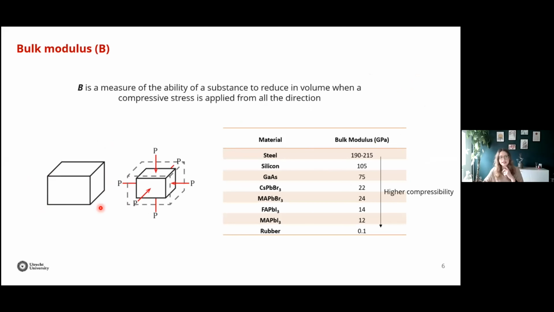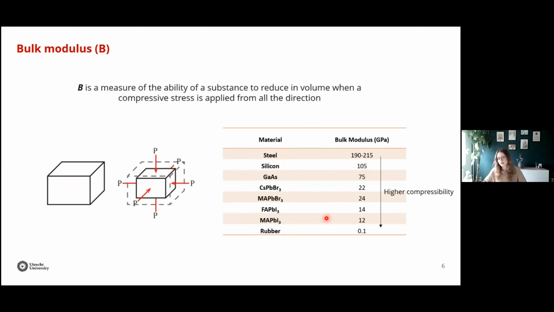So for example, in this case, you have a compression of the entire volume because you apply pressure from all the directions. And here in this table, I just summarized some very compressible materials and also stiff materials. So for example, you have here steel and silicon, gallium arsenide. Their bulk modulus is very high, meaning that it's not easy to compress them.